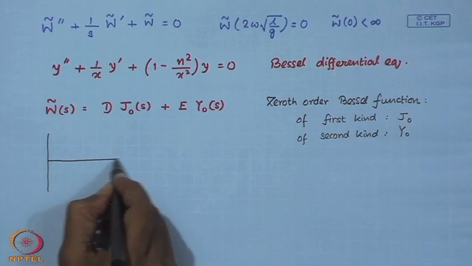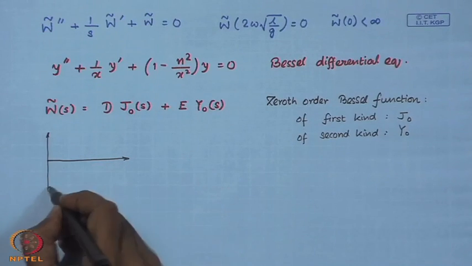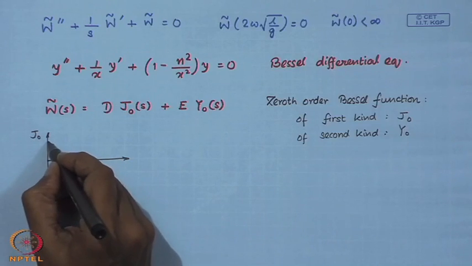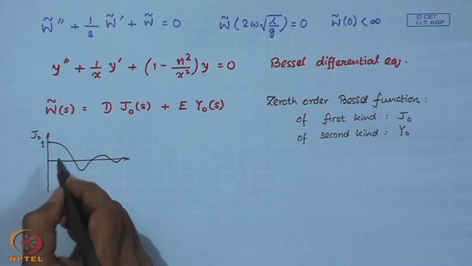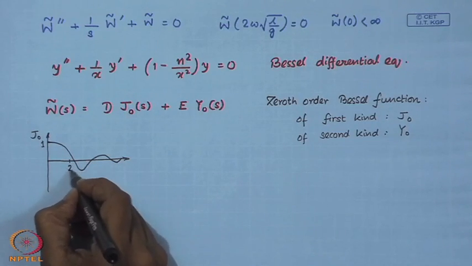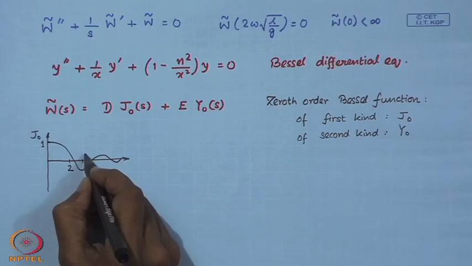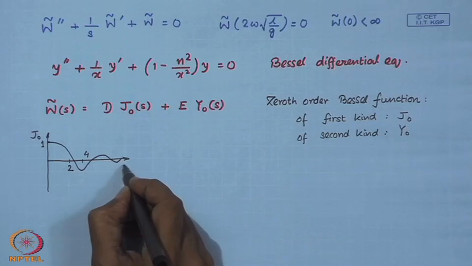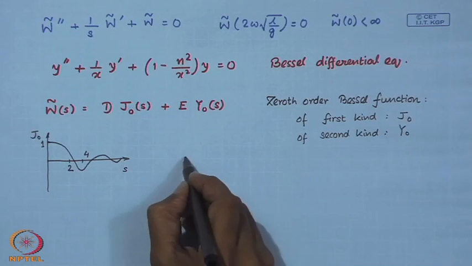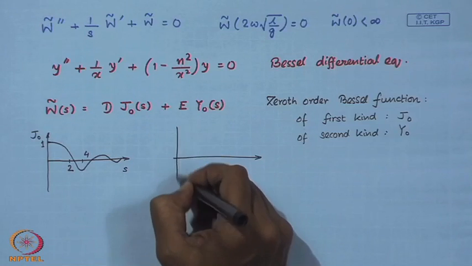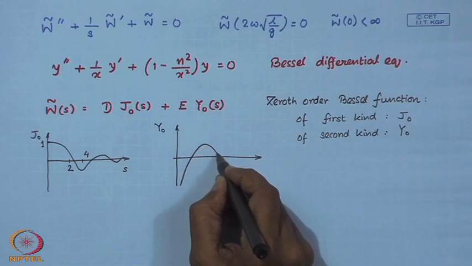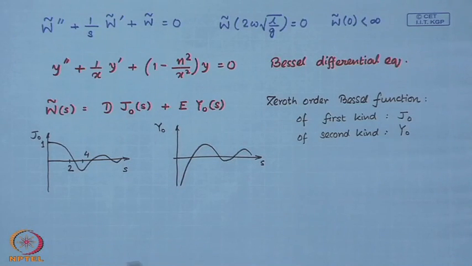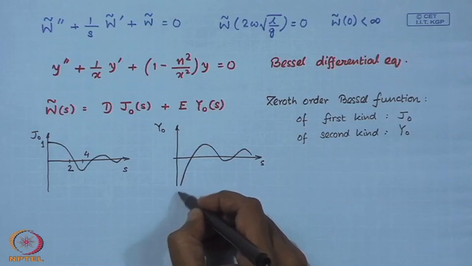So, if I make an approximate plot of J0, at s equal to 0, Y is minus infinity.